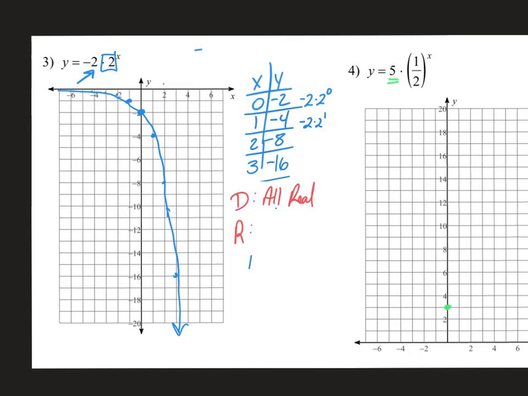In this case, you can see it's an upside down graph. It's been reflected. So our range is going to be y values where y is, in this case, less than 0.